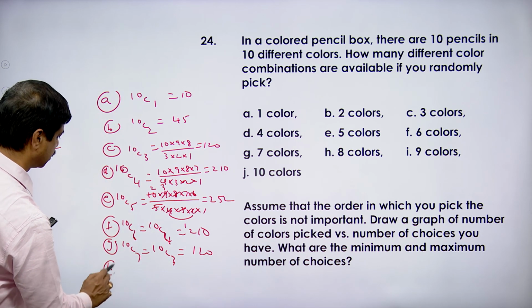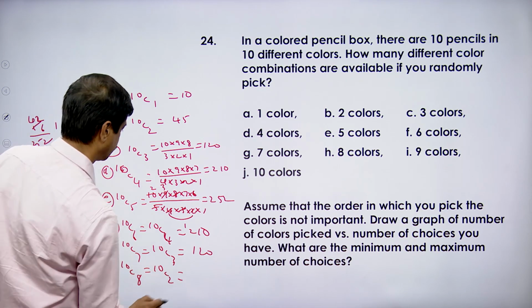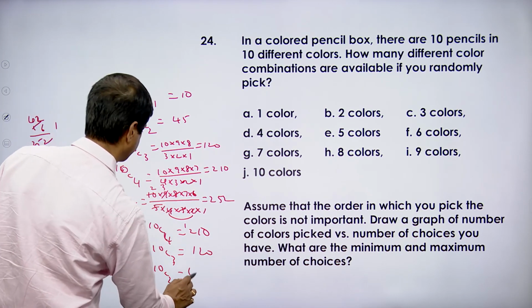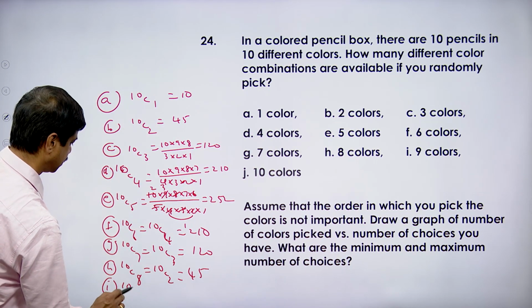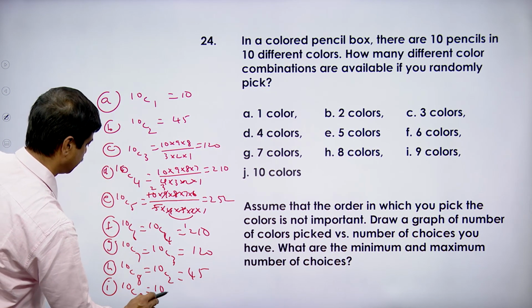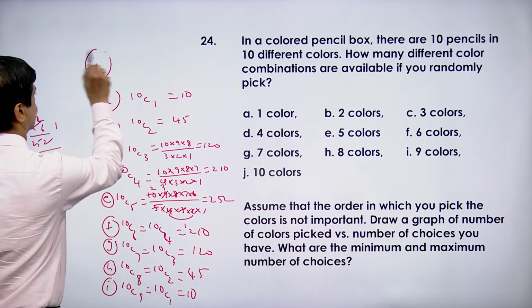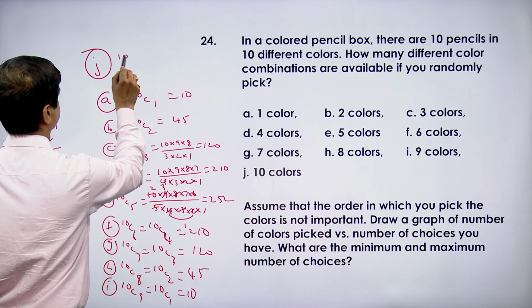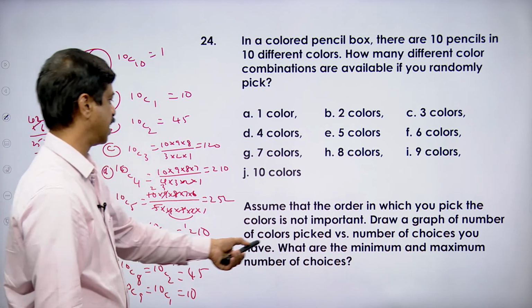H, 10C8, that is also equal to 10C2, which we got as 45. I, 10C9 or 10C1, that is 10. And J is what? 10C10, that is 1. So, these are all the values that you will be getting.